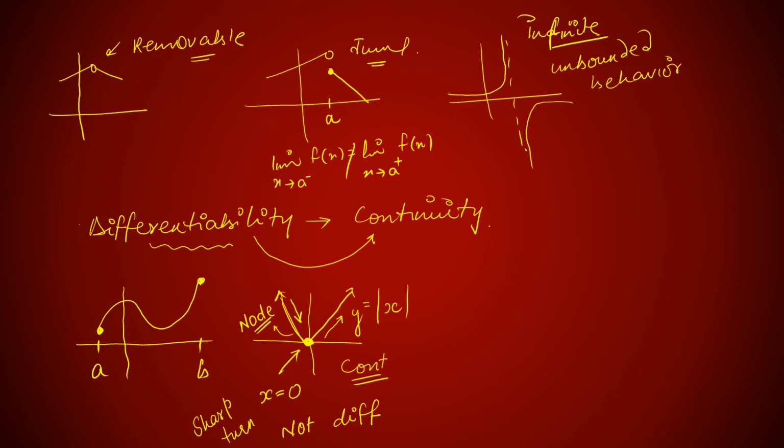To understand this well, suppose the function is x when x is greater than 0, and negative x when x is less than 0. The derivative of x is 1, and the derivative of negative x is negative 1. It means the derivatives from the left and right hand sides are not equal, and hence the function is not differentiable.